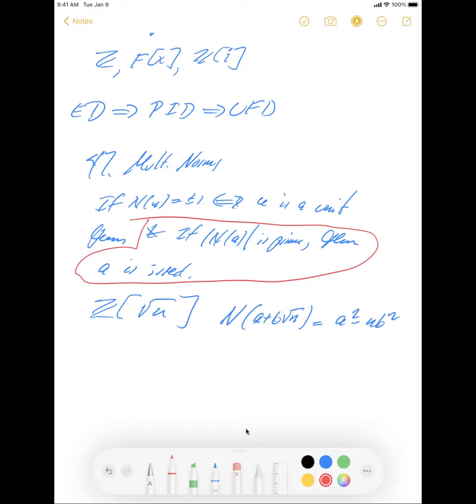Theorem 27.3, that's the classic: I is maximal if and only if R mod I is a field.